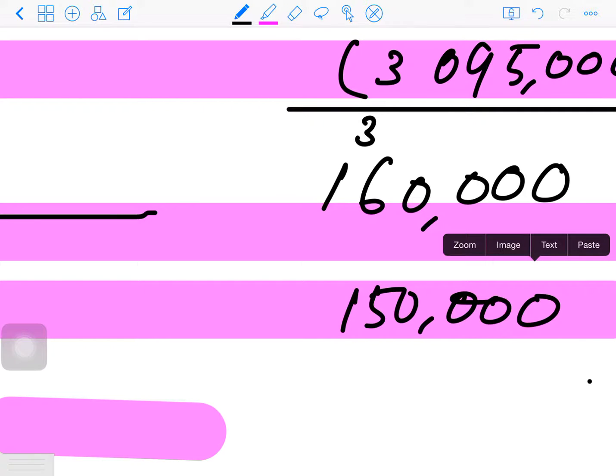Then you have admin cost, which is 1,635.